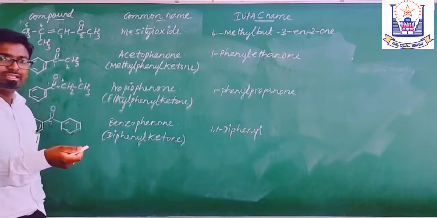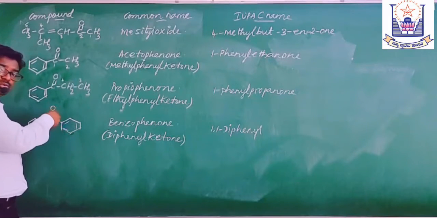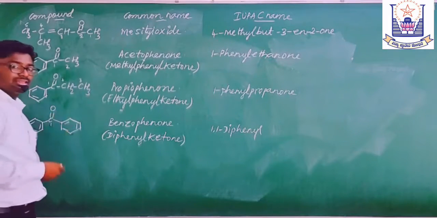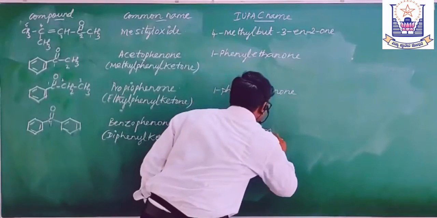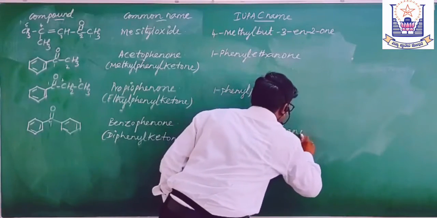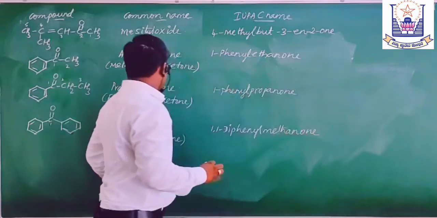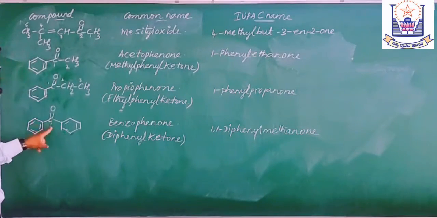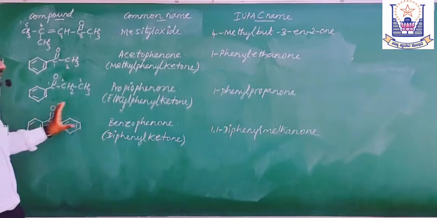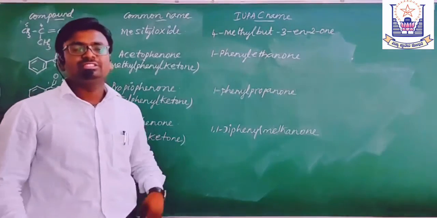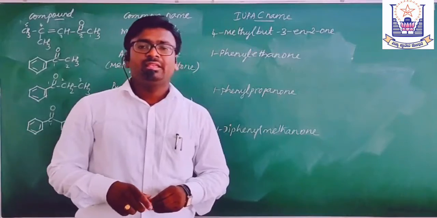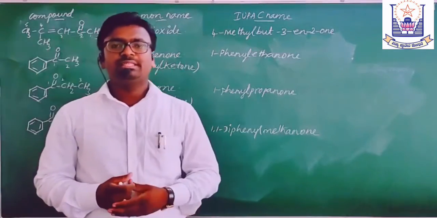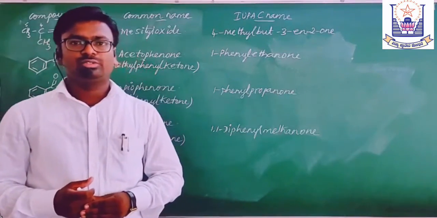For the hydrocarbon methane, the suffix ONE should be added, so therefore methanone. So the IUPAC name of this compound is 1,1-diphenyl methanone. So this is all about the common names and IUPAC names of the ketones.